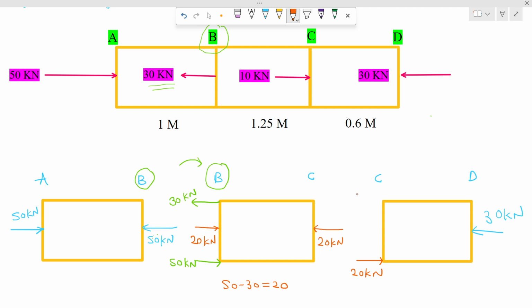Now again at the junction C, we have a 10 kilonewton force acting towards the right. So again you have two C. So as I told you, you have to show this force on the right face, that is on the right side. So this is 10 kilonewton.